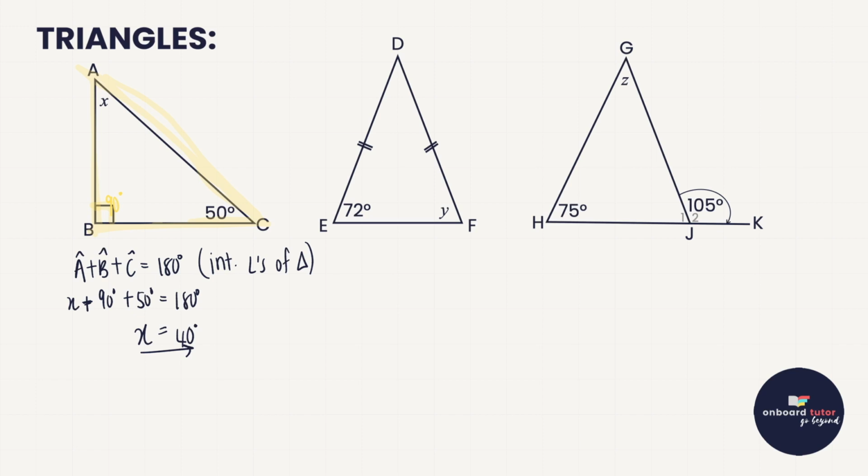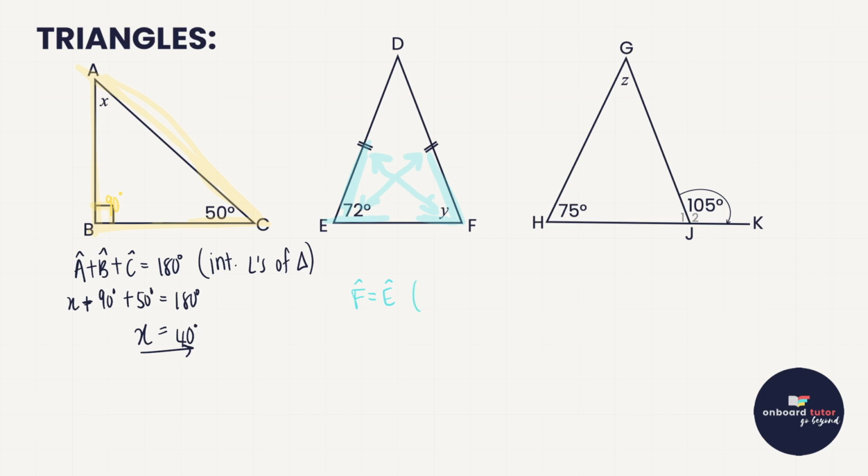Next up, we are asked to find Y, and we are given this little angle here of 72. Another thing that I'm hoping you are spotting is that this is an isosceles triangle. And we know something about the angles that occur opposite these equal sides, and that is that they are equal. So I can say angle F is equal to angle E, and then be careful here, this is a reason students often get wrong.